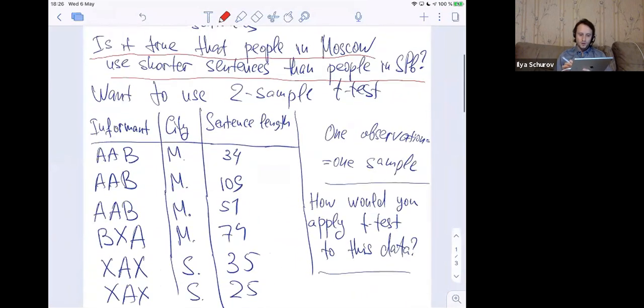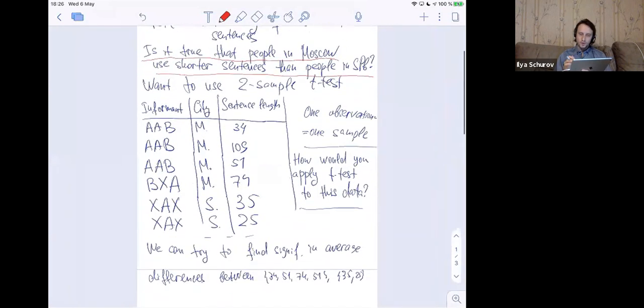Our answer, if it is correct, should be generalized to the whole population, all citizens of Moscow and all citizens of St. Petersburg. There will be influence of certain speakers, yes.